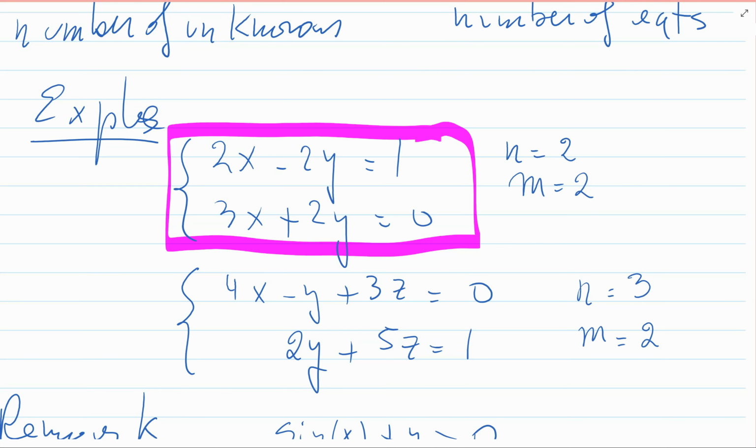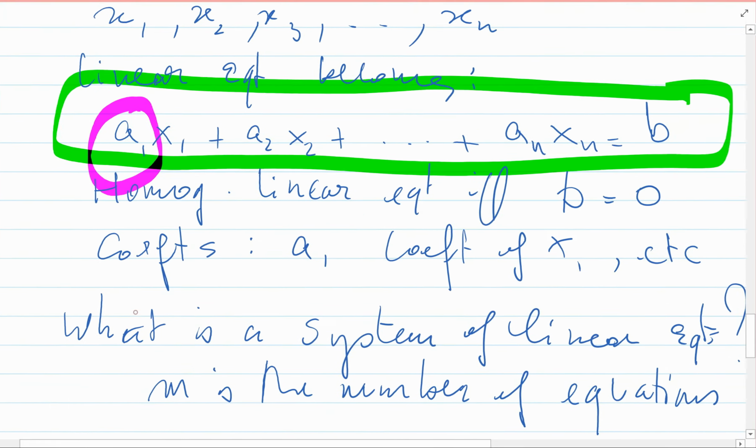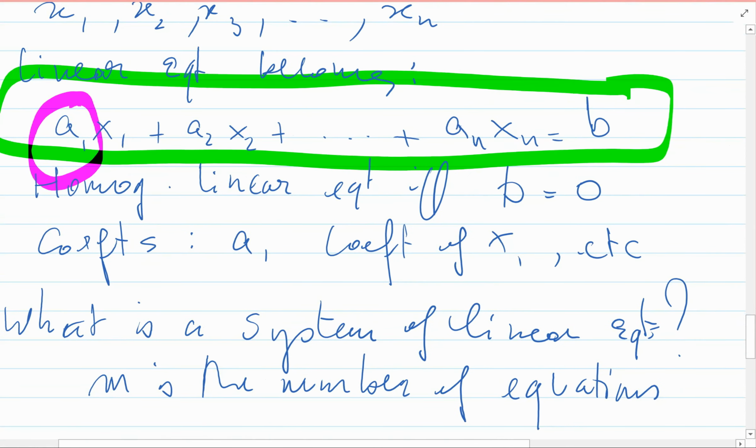The right question is: the coefficient of x, or the number in front of x, in the first equation or the second equation? Great. Now let us consider that x is the first unknown, as I wrote in this equation: x1 is the first unknown, x2 is the second unknown, and xn is the nth unknown. We have to be careful, because if I want to discuss the concept of solution, I need to be very careful.